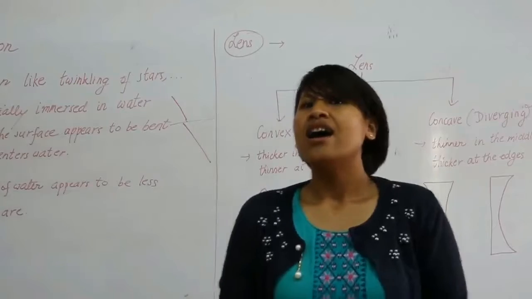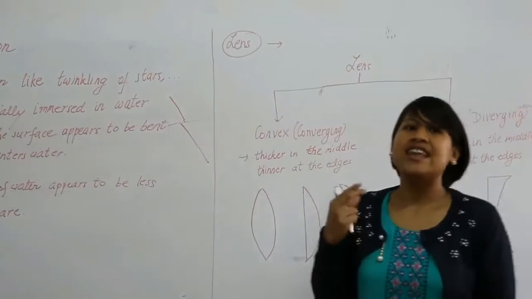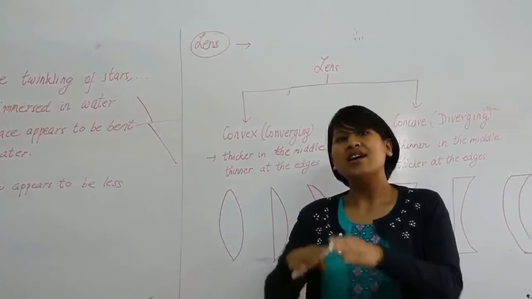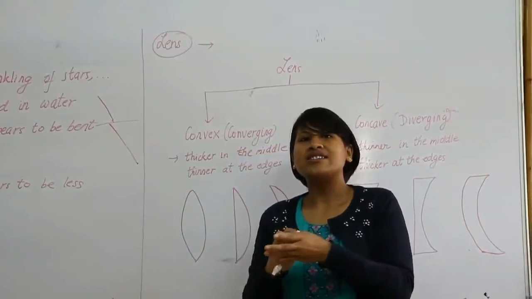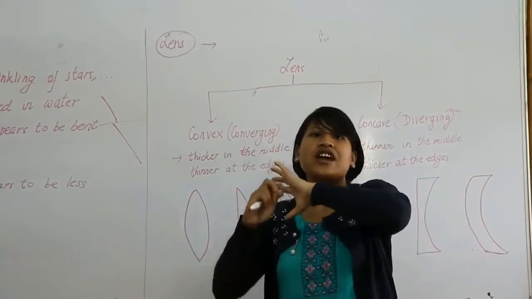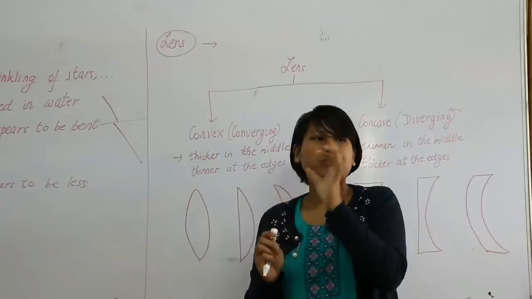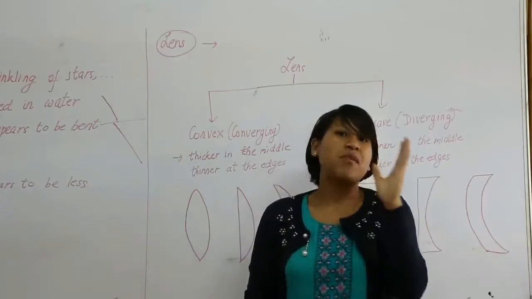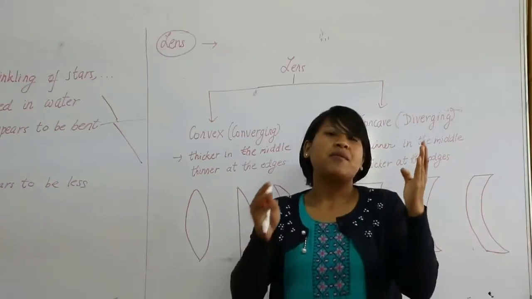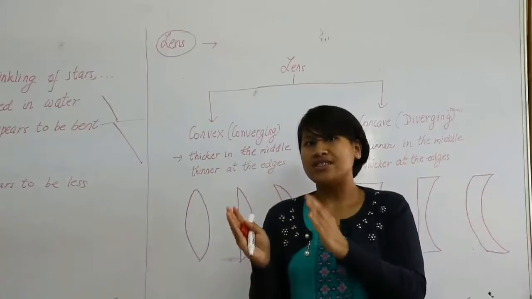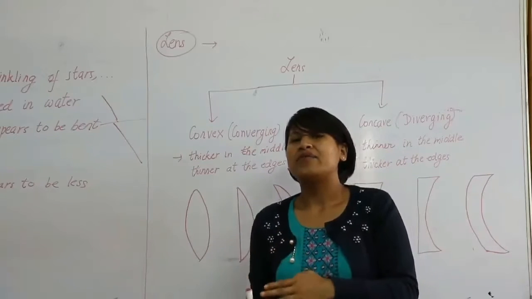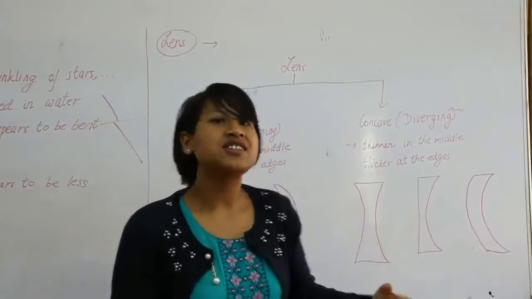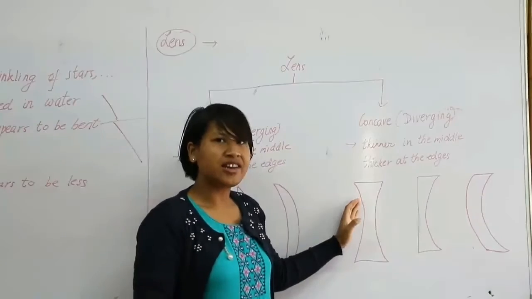So what is a lens? A lens is a piece of transparent glass bounded by either one or two spherical surfaces. The details about spherical surfaces will be done later.